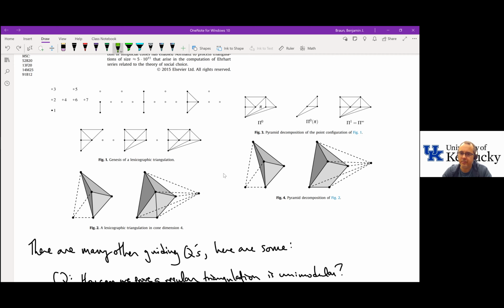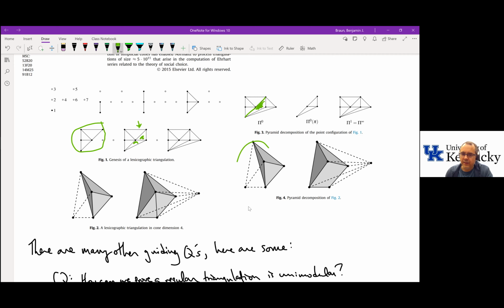What a pyramid decomposition does is it ignores the triangulation that's happened so far, and it only looks at the facets. So at this step right here, in this picture, if you cone over the triangulation, you get 2 triangles. But in a pyramid decomposition, you cone over the whole facet and you get a non-unimodular triangle there.